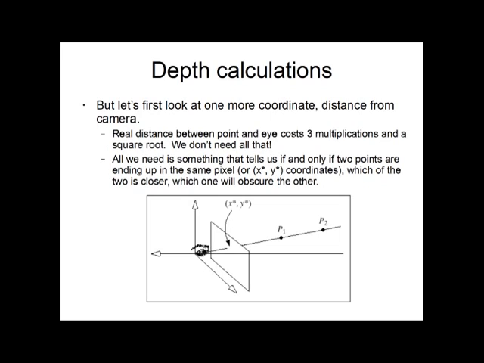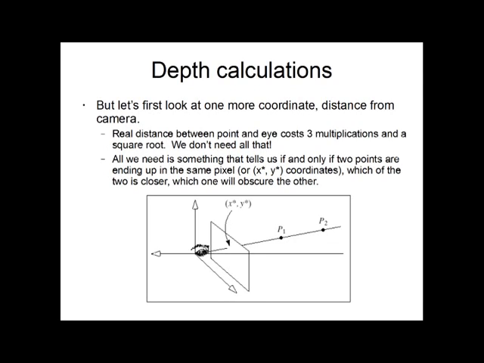So looking at the distance, calculating the real distance is possible, but that's fairly expensive. Just keeping the z-coordinate would actually be plausible as well. So even though it's not the true distance, any point that will end up in the same pixel will have the z-coordinate or the z-distance longer if it's further away and shorter if it's not.